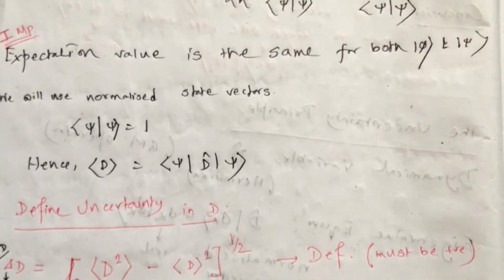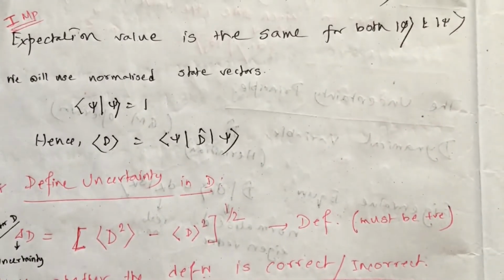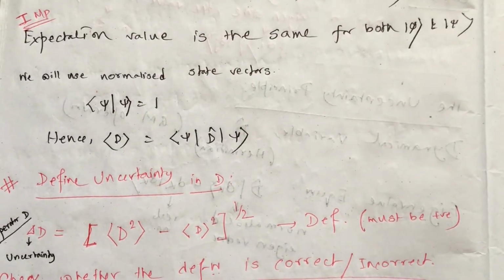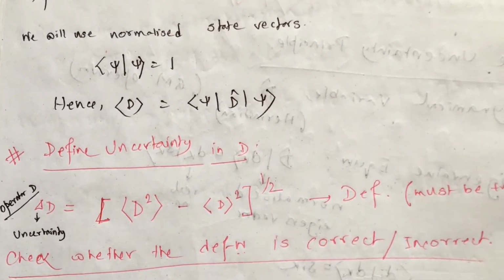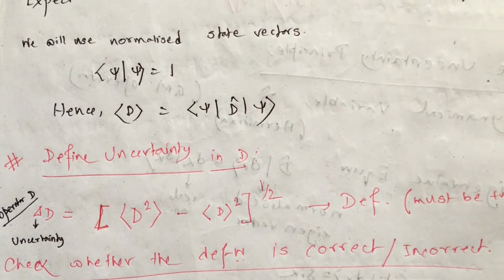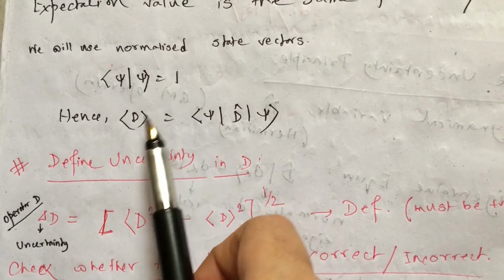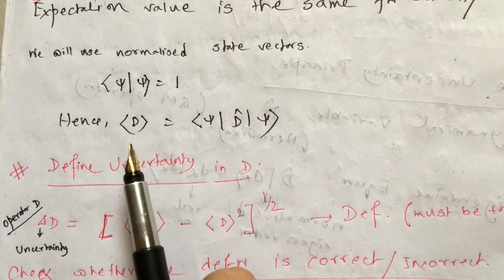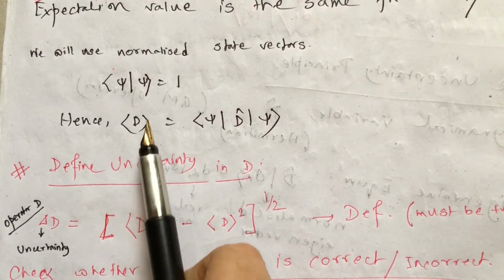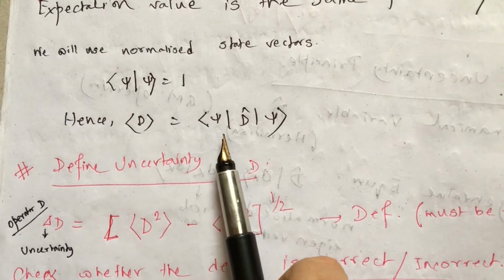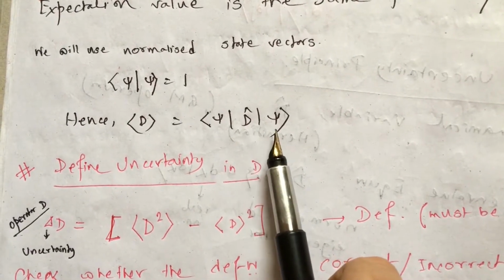So now we can conclude that the expectation value is the same for both phi and psi. Now, as this psi is normalized, we can write <psi|psi> equal to 1. So the denominator becomes 1, and the entire expectation value is given by <psi|D operator|psi>.